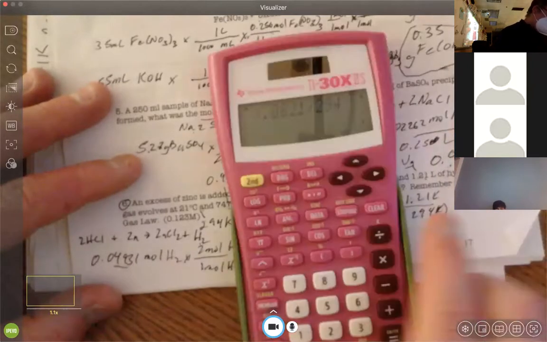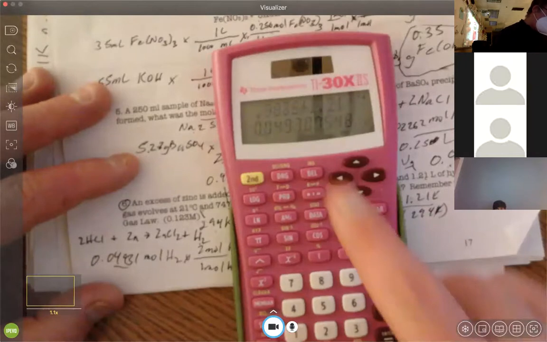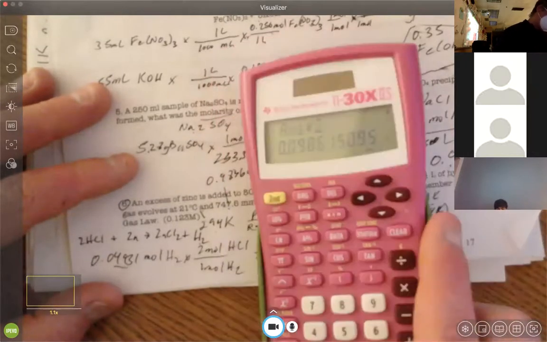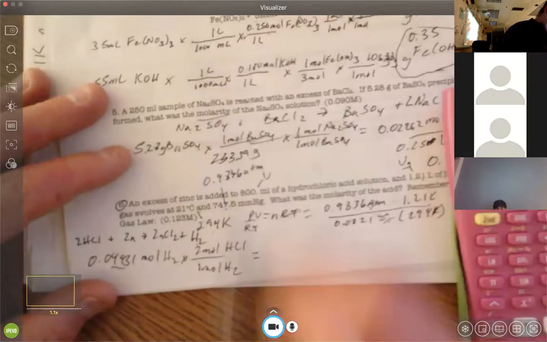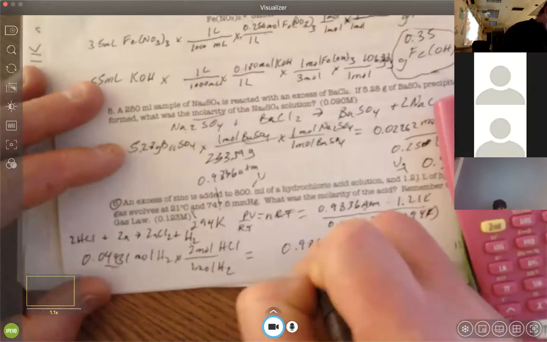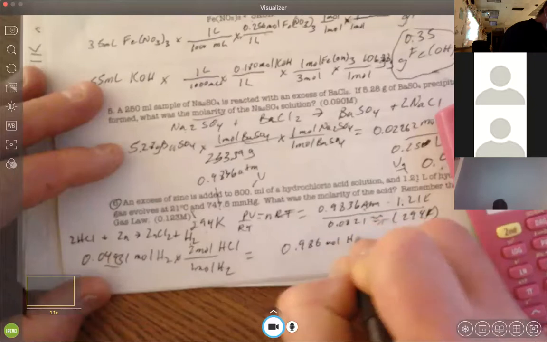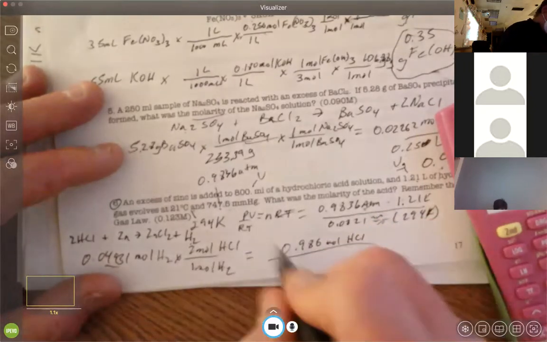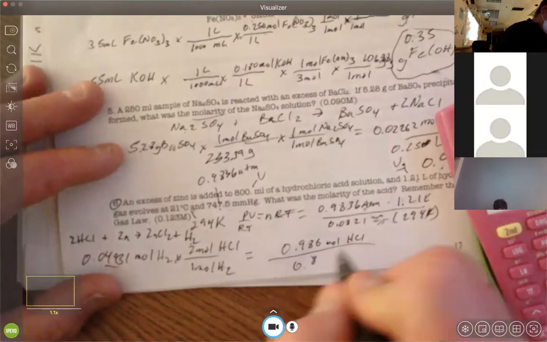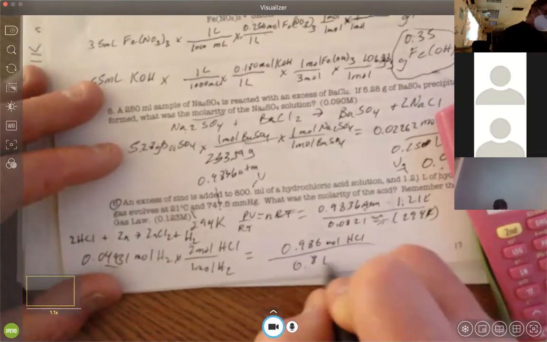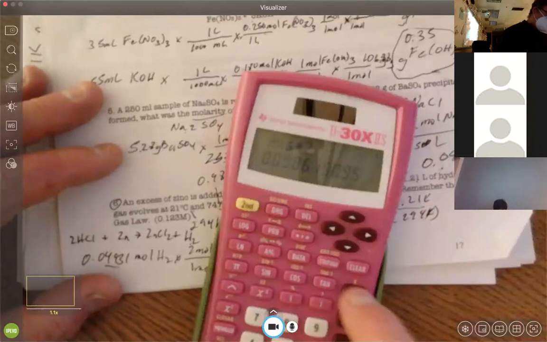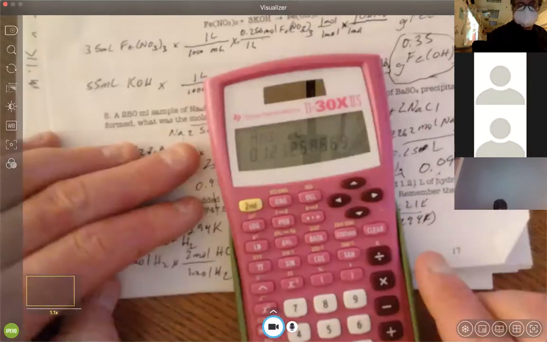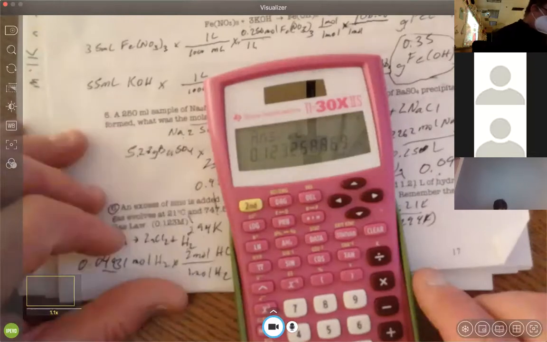Then we're going to take that 0.0493, we'll multiply it by 2. We get 0.0986 moles of HCl. It has 800 milliliters, so we need to divide that by 0.8 liters. And we get 0.123 molar.